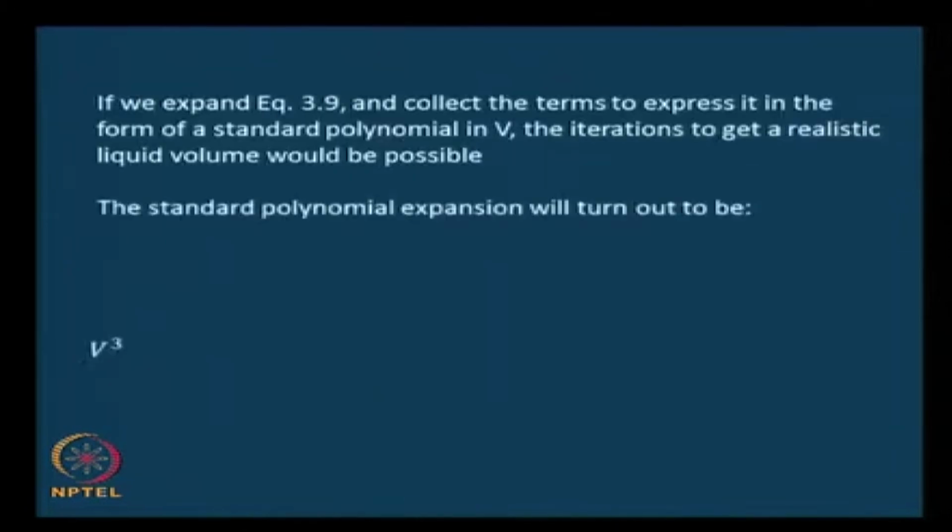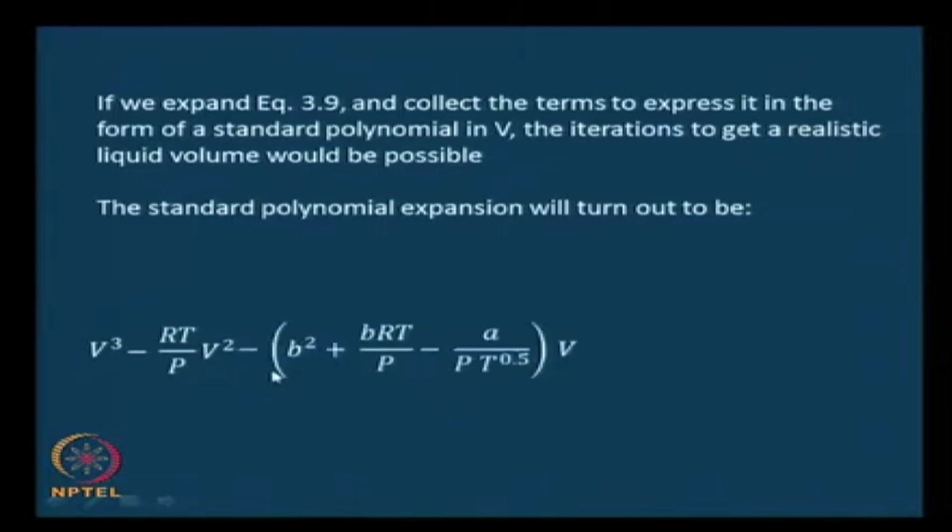and that was obtained by writing the Redlich-Kwong equation, expanding, multiplying, taking out common terms, cross multiplying, and representing it as a polynomial expression in V. So that was V cubed minus RT by P into V squared plus (A by (P T power 0.5) minus B squared minus B RT by P) into V minus AB by (P T power 0.5) equals 0.